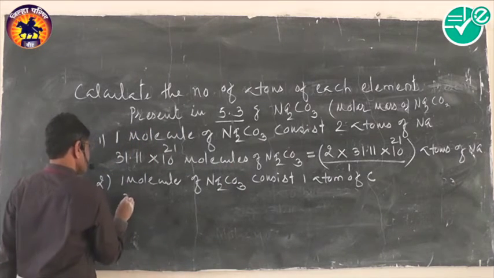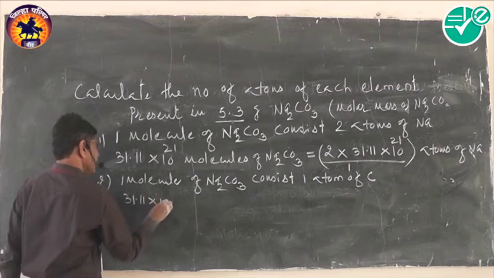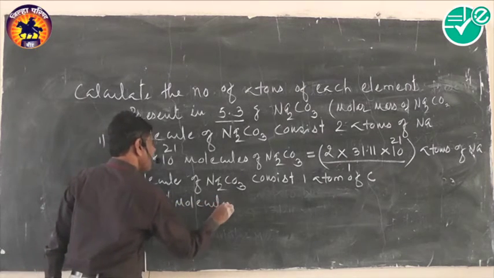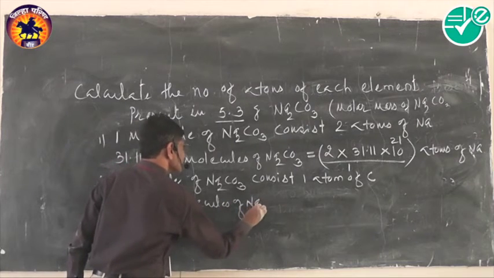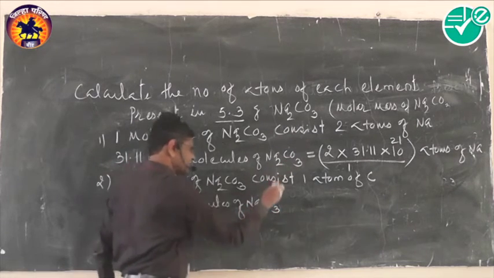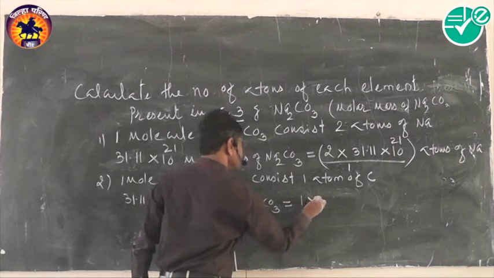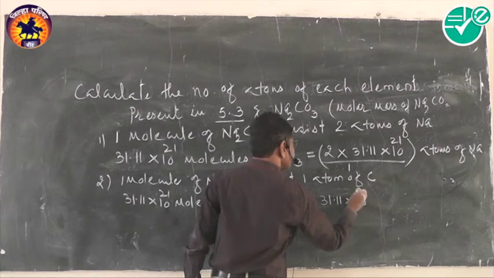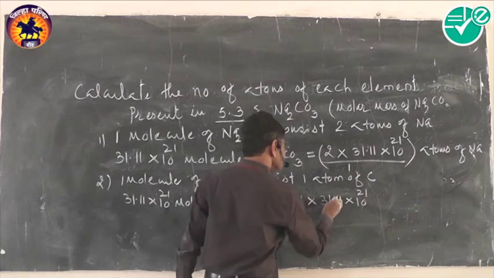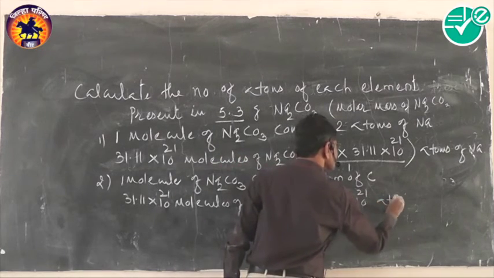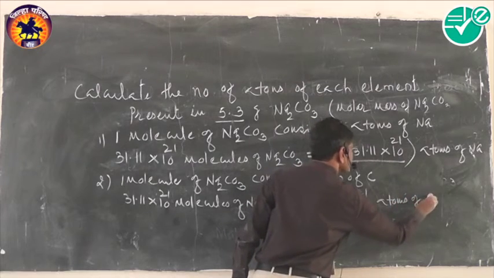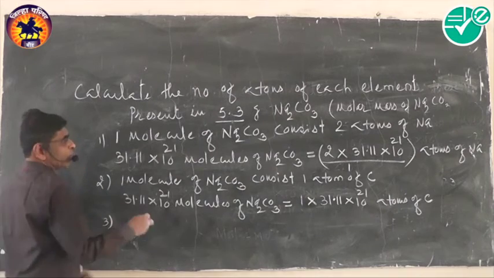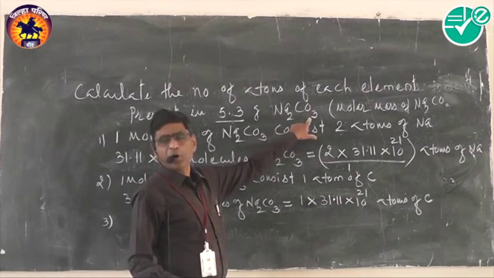Then 31.11 into 10 raised to 21 molecules of sodium carbonate consist of 1 multiplied by 31.11 into 10 raised to 21 atoms of carbon. And last, third, we have to calculate the total atoms of oxygen.